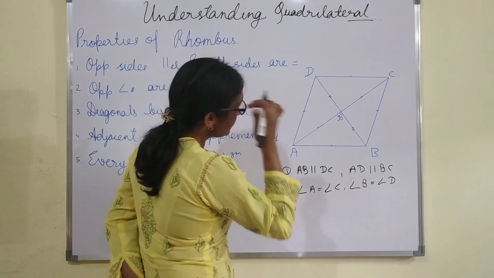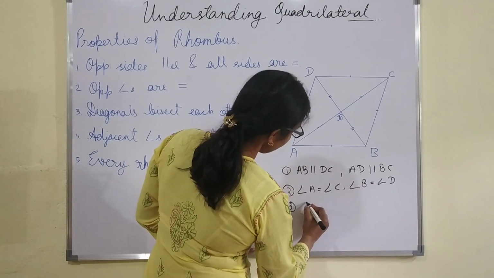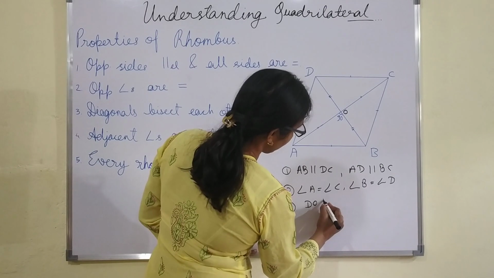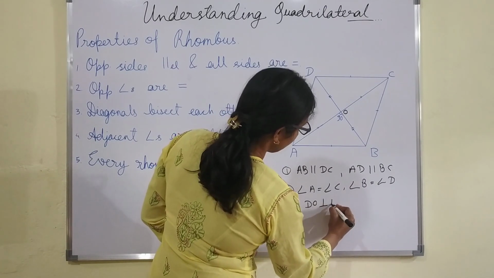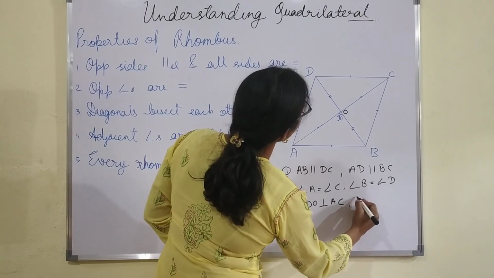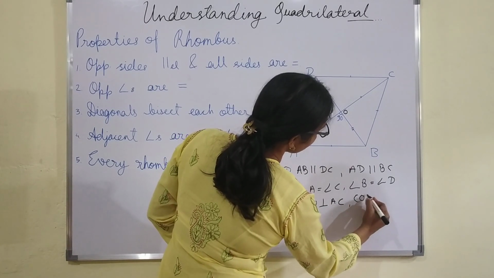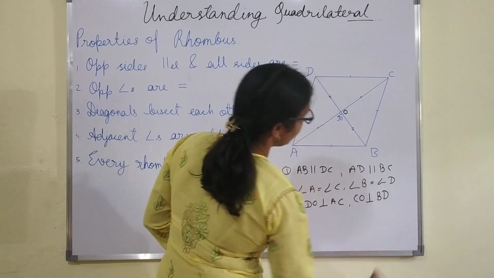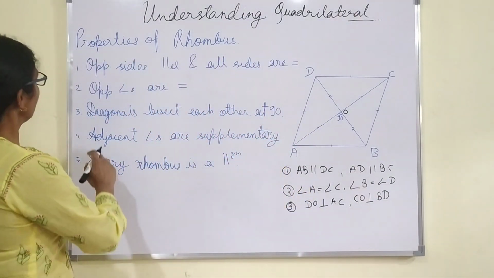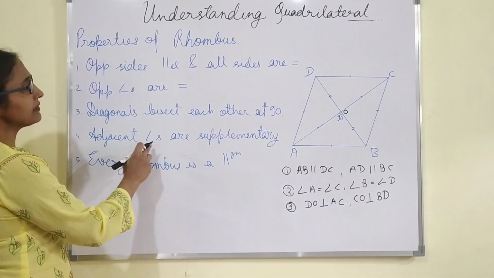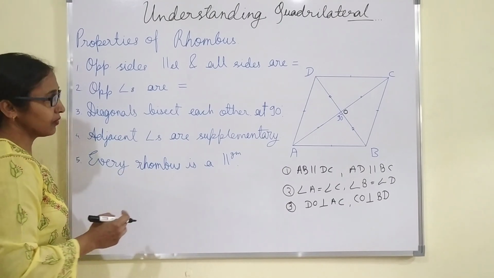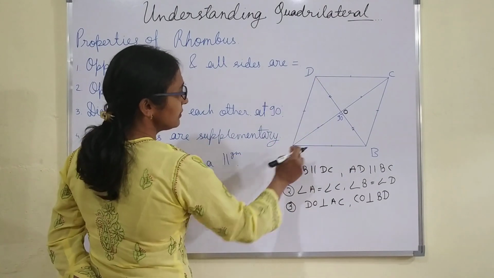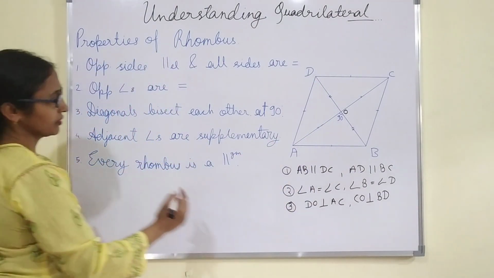Third means DO is perpendicular to AC and CO is perpendicular to BD. Okay. Fourth, adjacent angles are supplementary. Since it is a parallelogram, adjacent angles are supplementary.